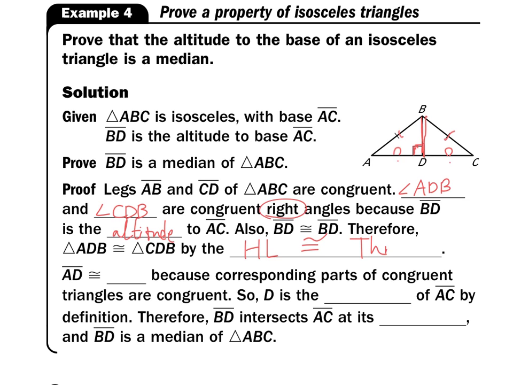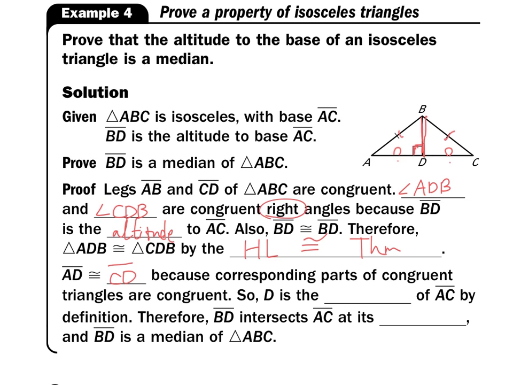Now, if the two triangles are congruent, all of their corresponding sides and angles have to be congruent, and that's how we know that AD and CD are congruent, right? So that's CPCTC.